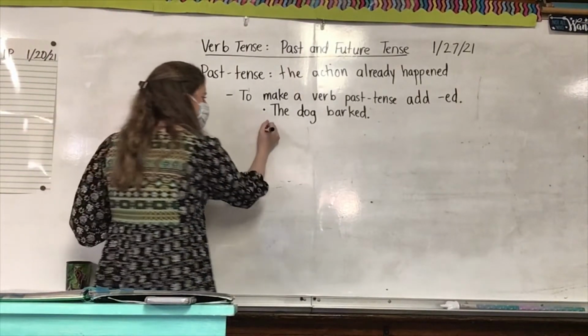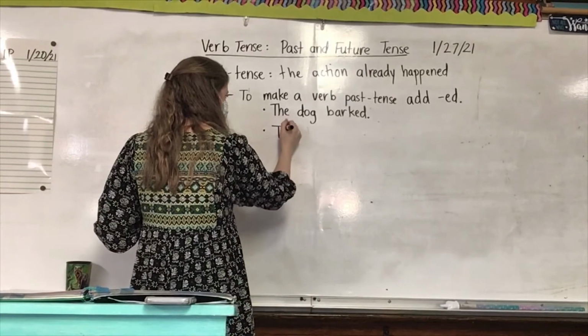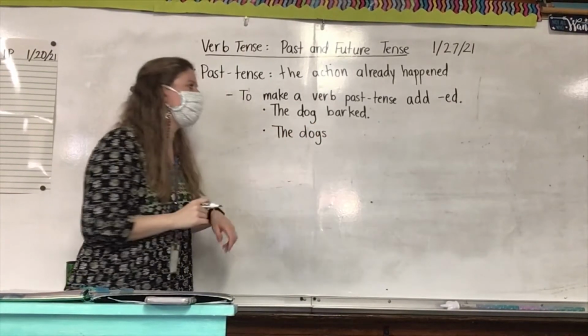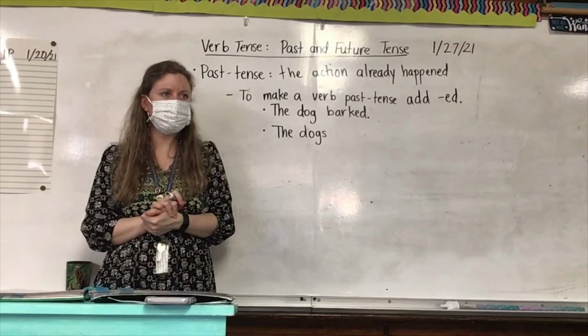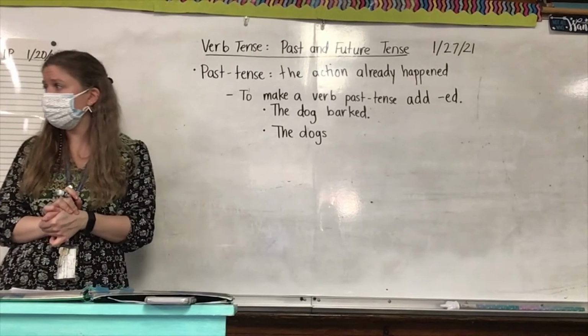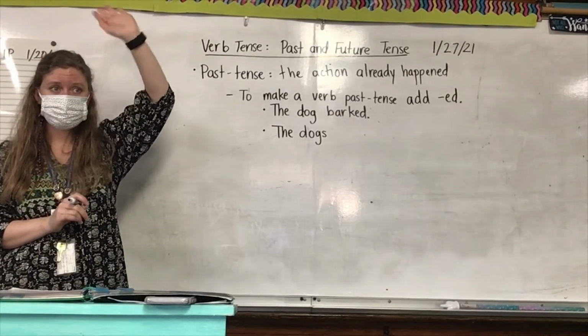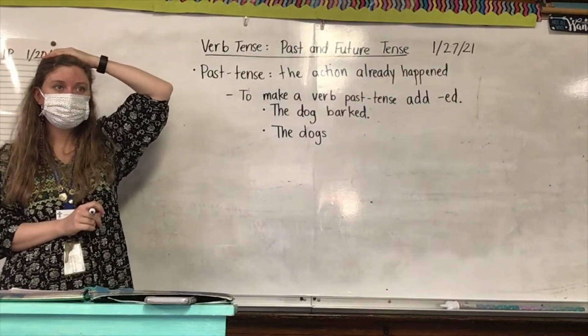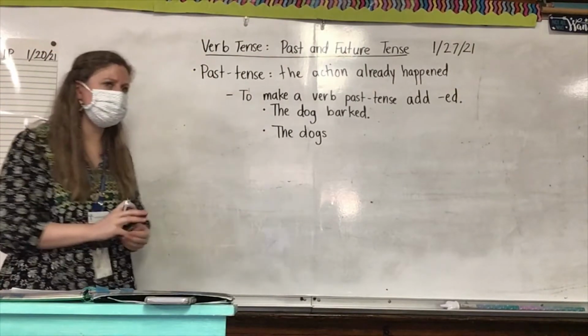What about if we have a plural subject? Do we have to do something different to bark before we add the ed, like we do with present tense? What do you think? Mason? Yeah. What do you think we might have to do?